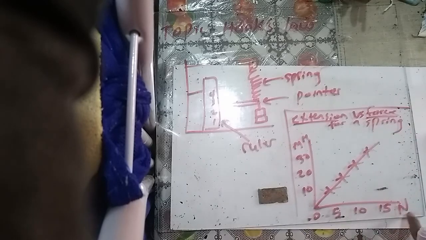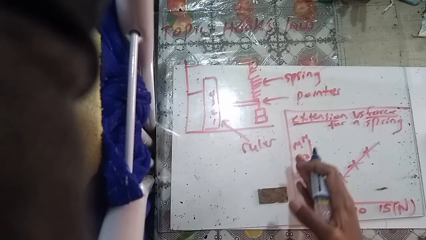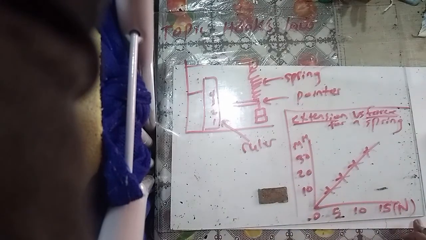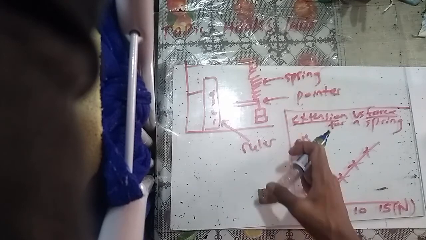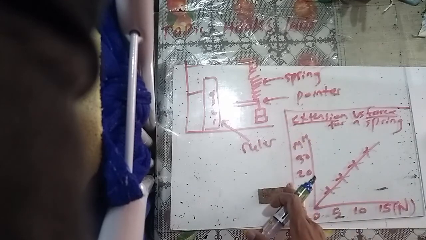You would have your force in newtons, the force that causes the extension, on the x-axis, and on the y-axis you would have the distance it extends to in millimeters or centimeters.